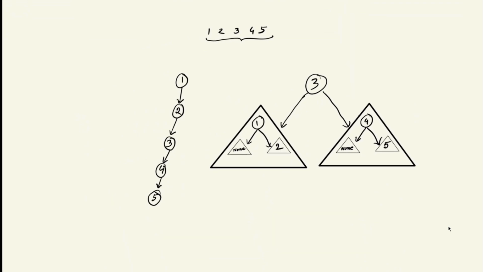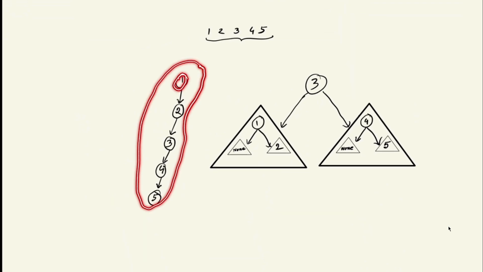So yes, it's a valid binary tree, because it can have at most 2 children, but we have fewer than 2.